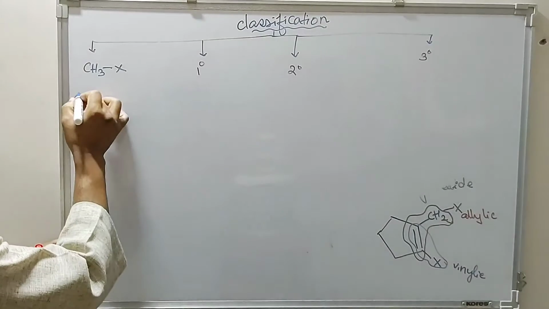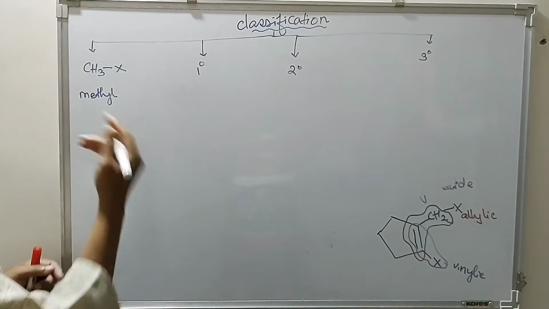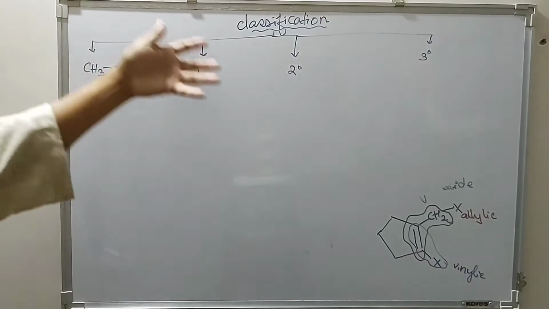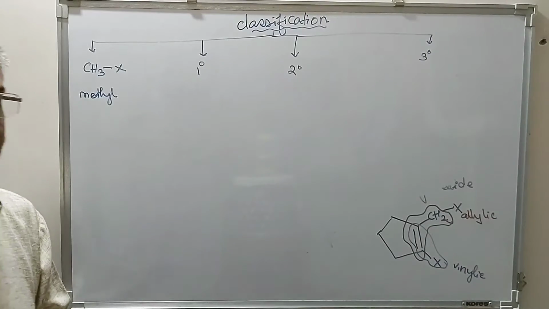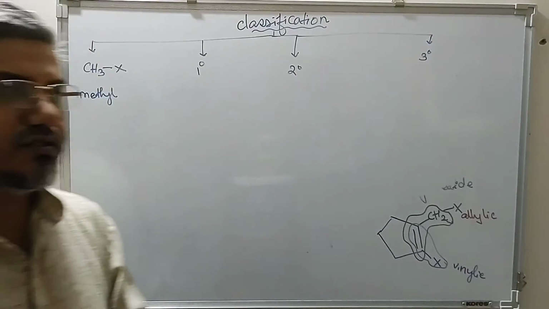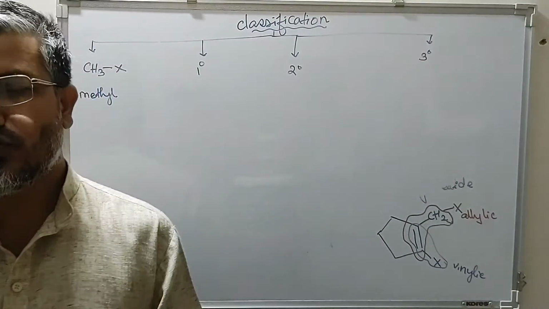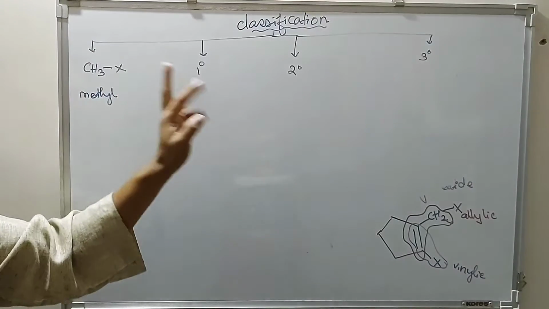Now this is known as methyl. Now in some of the books, some of the authors consider this methyl halide as primary, but if you look at this definition of primary very closely, the word primary is used for those compounds in which the reference carbon is attached to only one carbon atom, then we say this is primary.